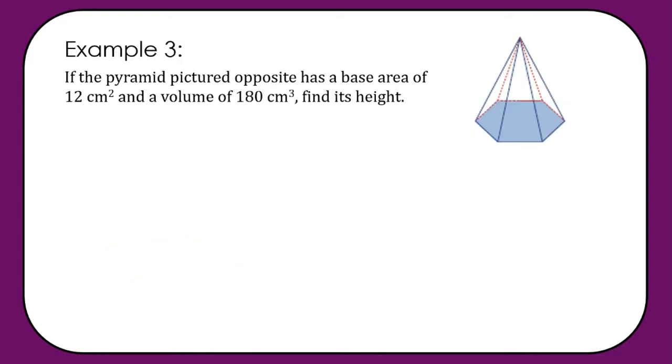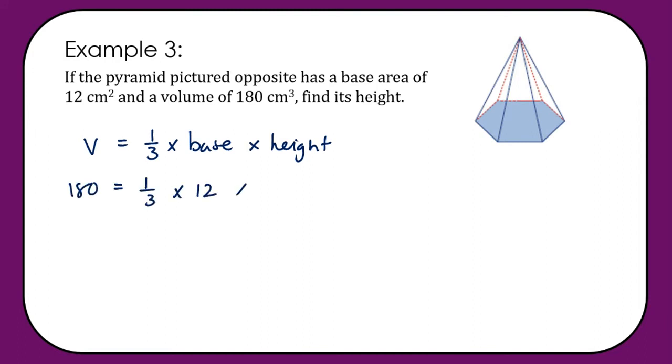Alright, now third example. If this pyramid pictured, so it's a hexagonal based pyramid, has a base area of 12 and a volume of 180 centimetres cubed, find its height. Okay, so we know for any pyramid that the volume is 1/3 times the base area times the height. So that means in this case we know about the volume, we know about the base area, and it is the height that we don't know about.